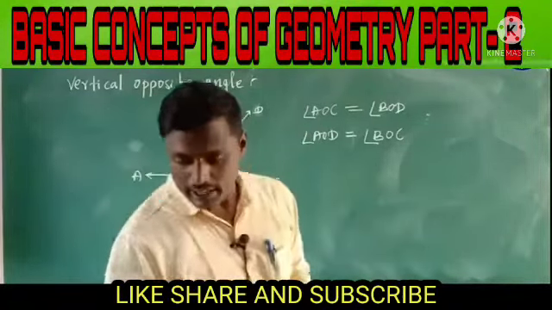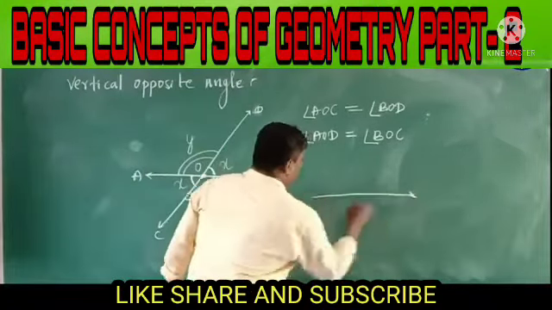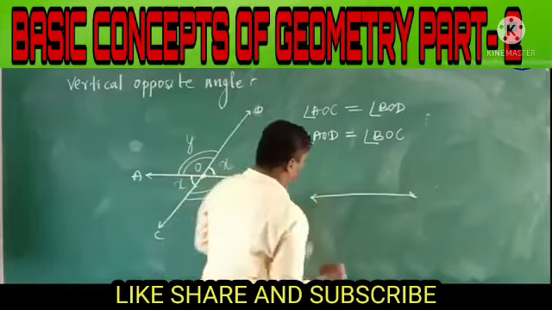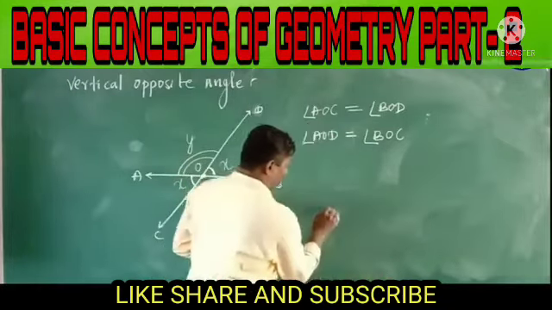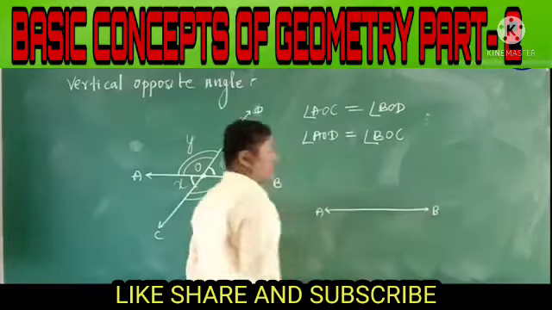So take one example here. AB is a straight line, right?